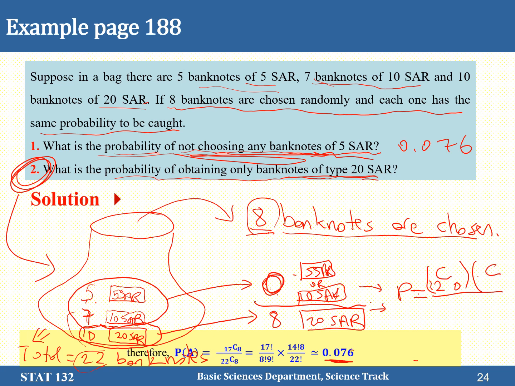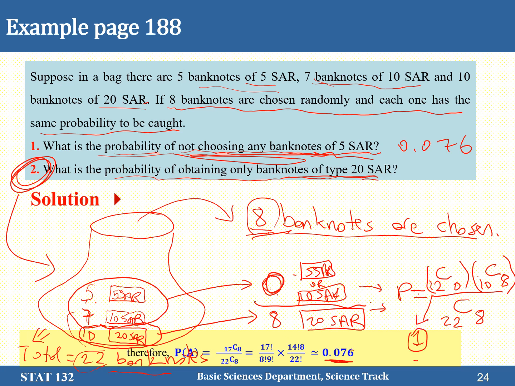So it will be 8, 10, divided by, again, 8 banknotes from 22 banknotes in total. So it will be 22 choose 8. So again, this one is, if you calculate, this one will be 1.